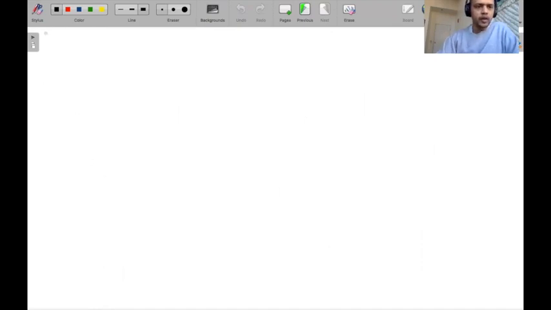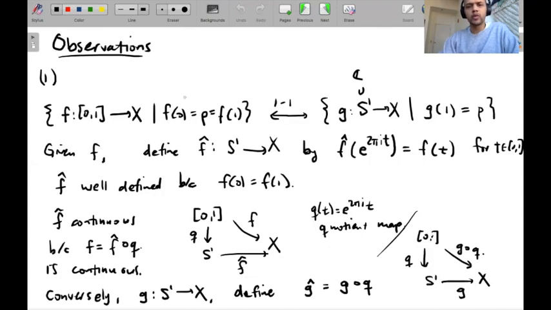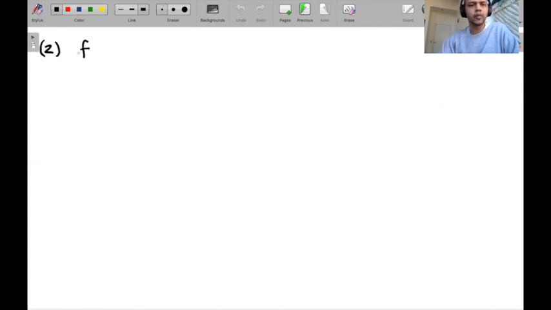The second observation is that, with respect to this bijection, we can reinterpret what it means to be null homotopic.